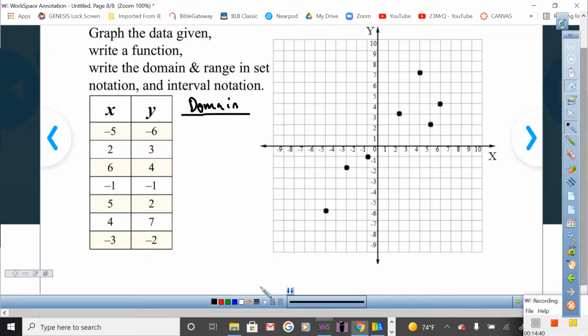However, before I go to those values of the x-axis, I want you to look at all those points that we plotted, and tell your neighbor what is the point farthest to the left of all that data.